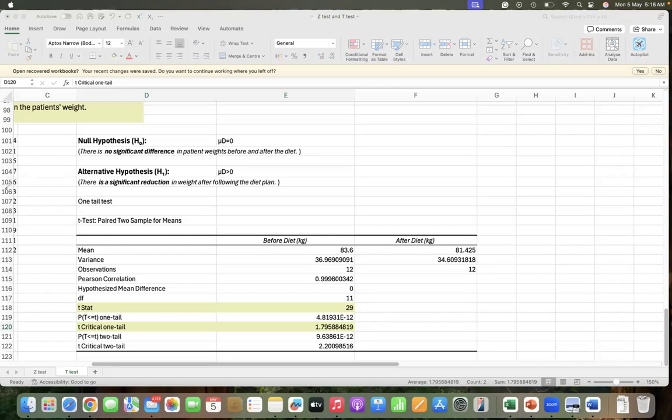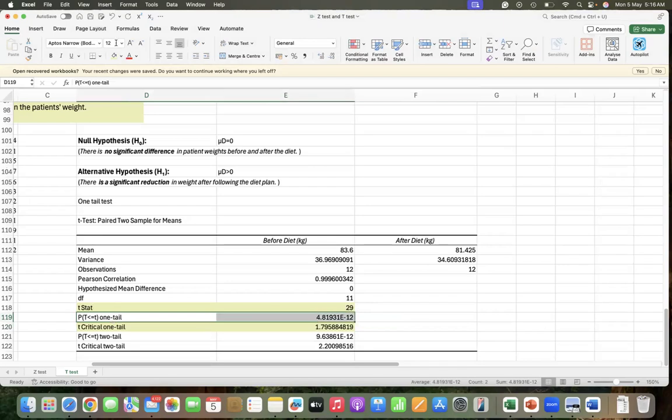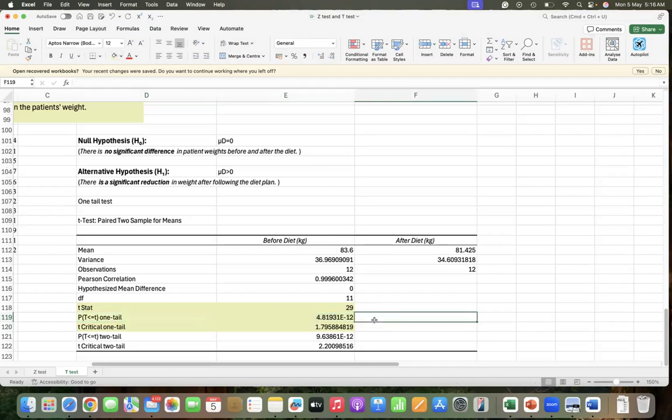So which is again less than significance value. We are looking at this value. Again, this is less than alpha.